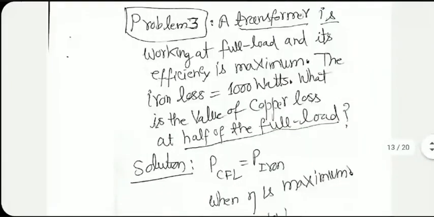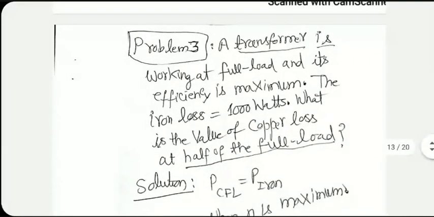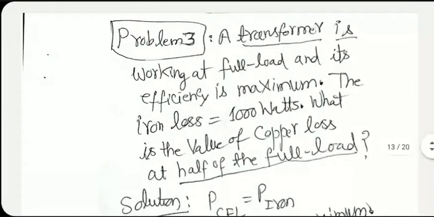Now, third problem. A transformer is working at full load and its efficiency is maximum. Please remember, we have proven in the past that for maximum efficiency, iron loss and copper loss are equal to each other. And here iron loss is given to you, 1000 watts. So copper loss also has to be 1000 watts. But that is at full load.